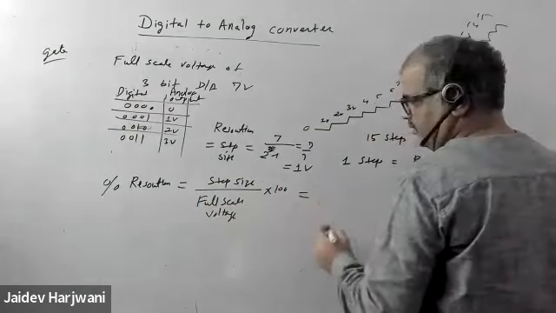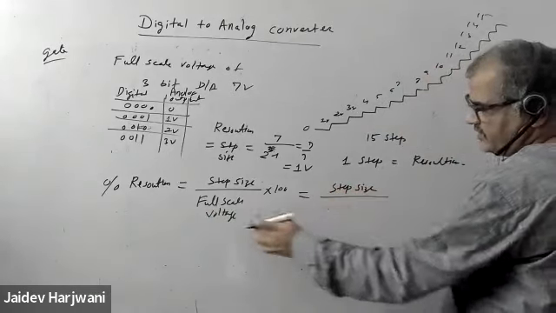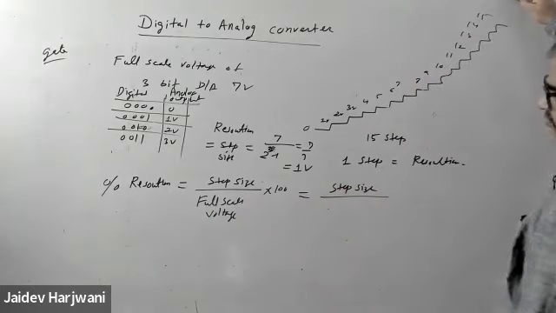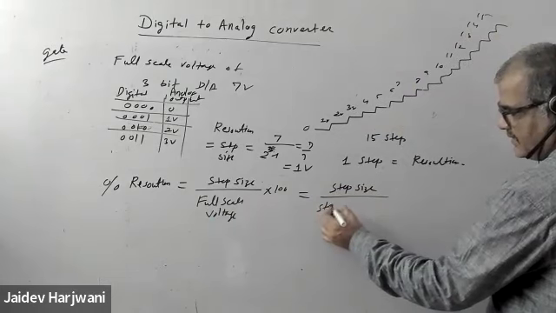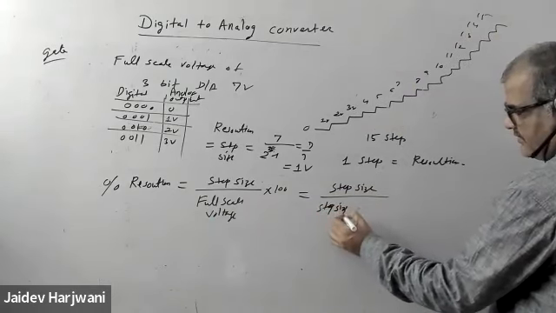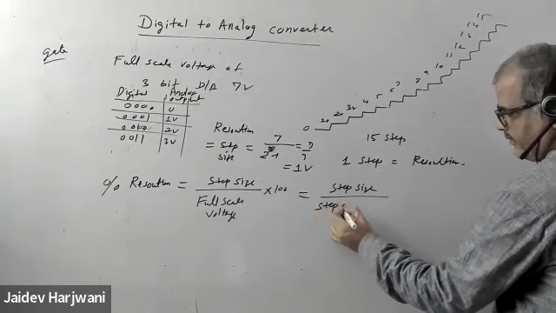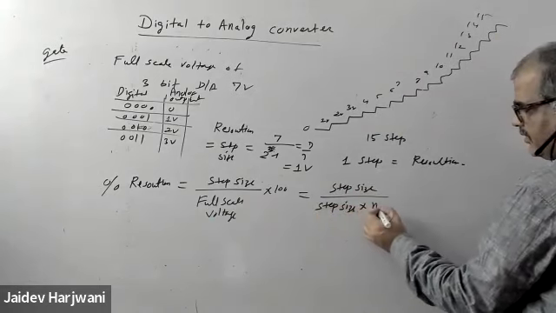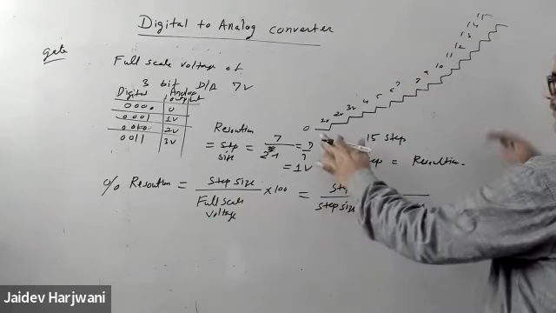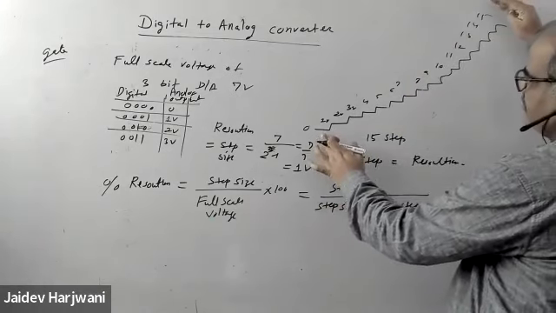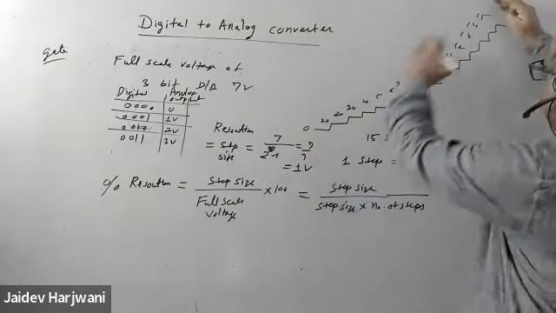Now you know the step size and the full scale voltage, like here it is 15 volts, which is equal to step size into number of steps. Suppose I want to reach the full scale voltage, and the step size is 1 volt, so I need 15 steps.